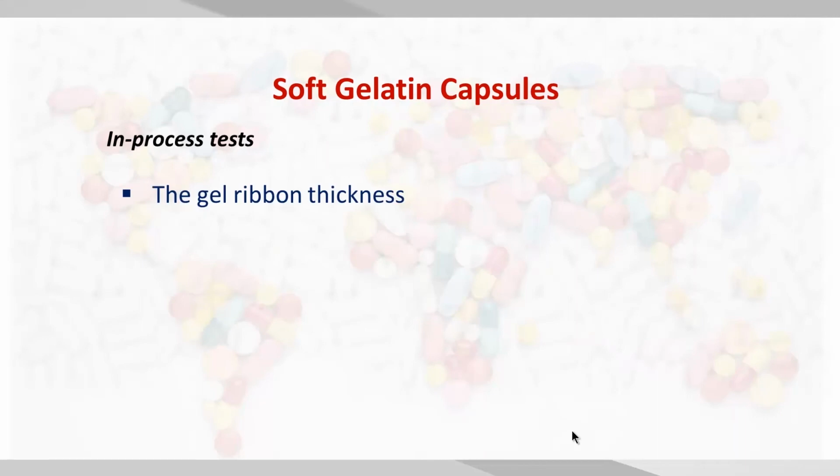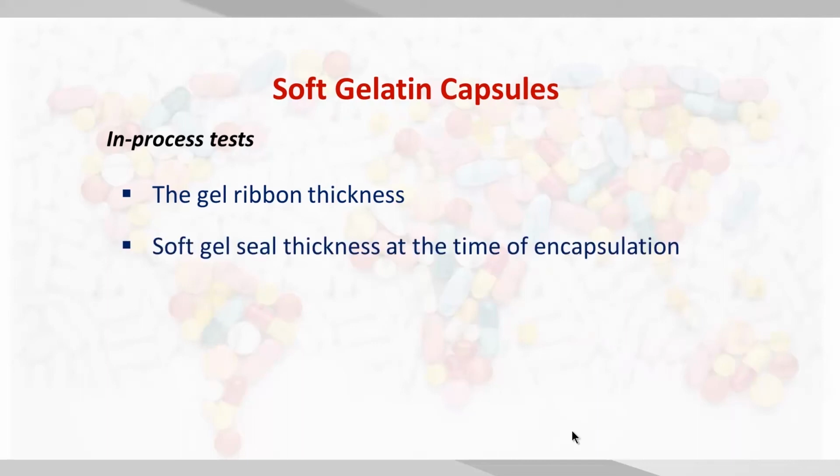So, how will we ensure the product we are getting after a particular process is the best? Can we check the product within the process? Yes, we can. There are a few in process tests which assure the quality of the product. In such tests, the gel ribbon thickness test is the prime.